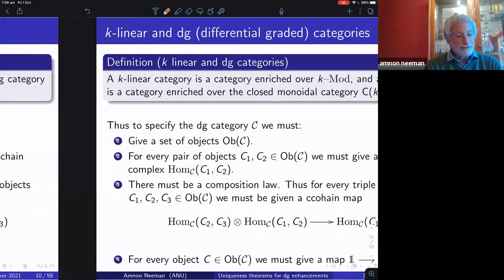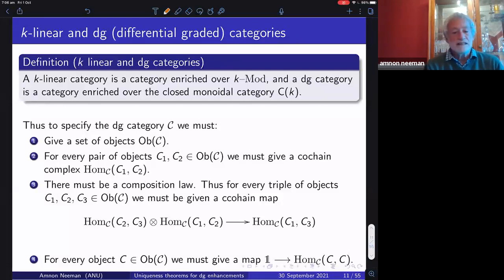And then you also have to have an identity. So for every object C, there must be a map from the identity of the tensor product to Hom CC. And these must satisfy the obvious properties. So associativity and the identity acts as identity.